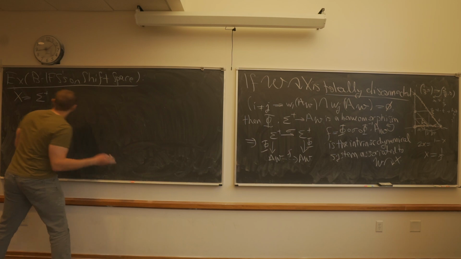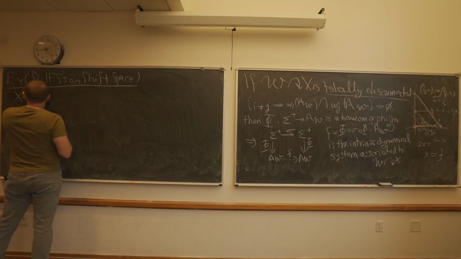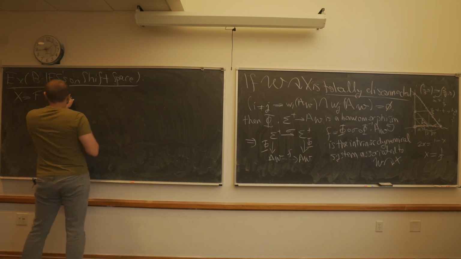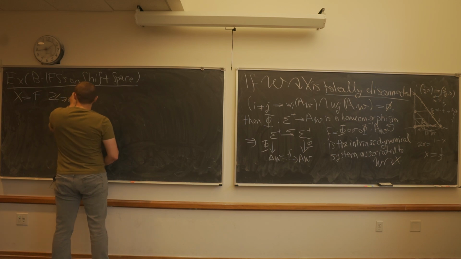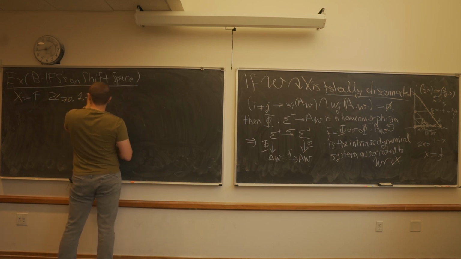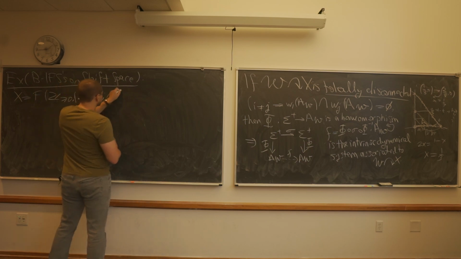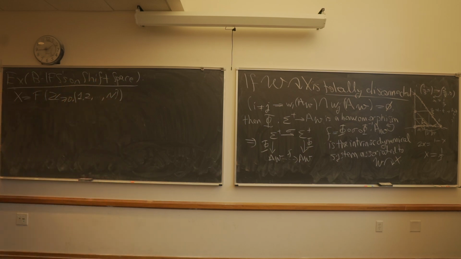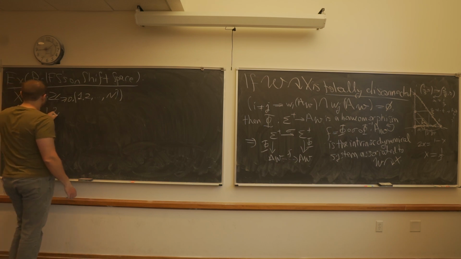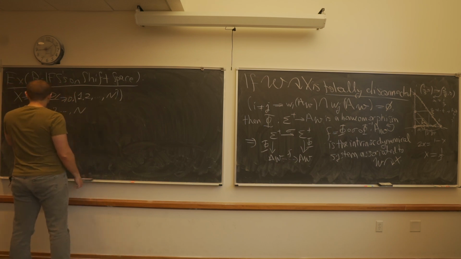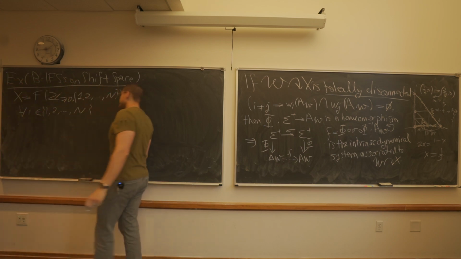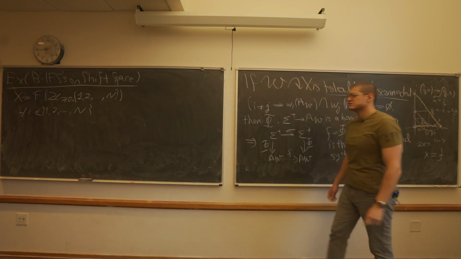Maybe I should write it like this. Let's say 1 to n. Okay, for any i from 1 to n, I can define this function w sub i.